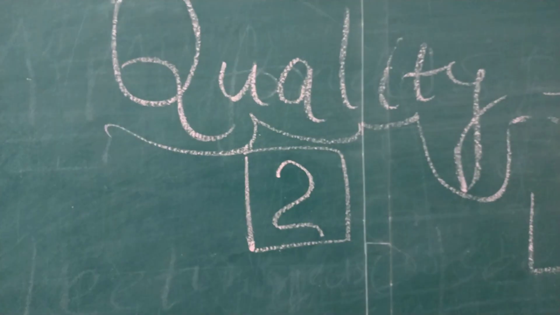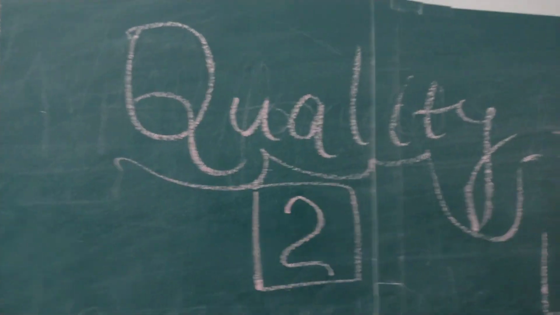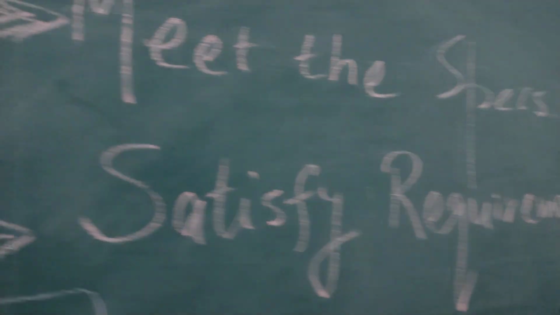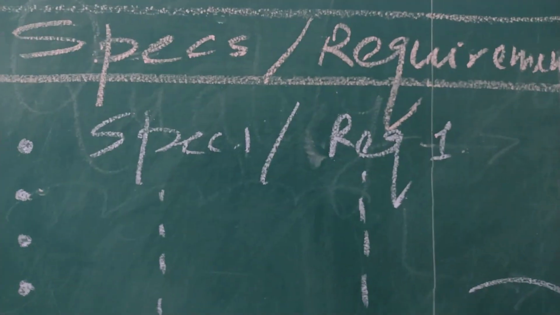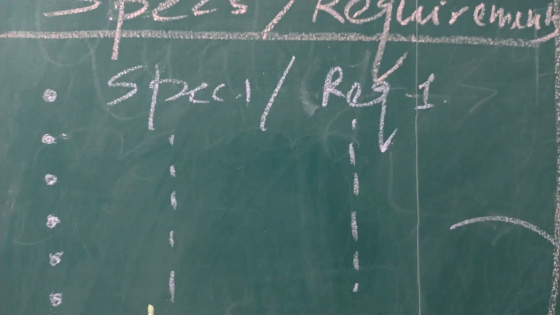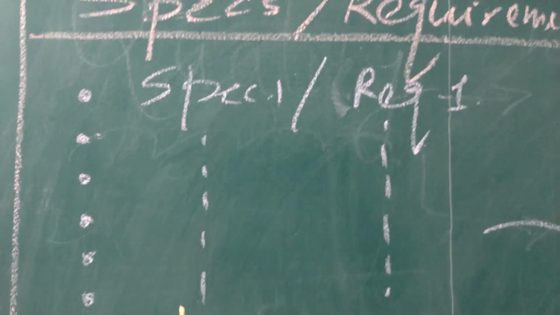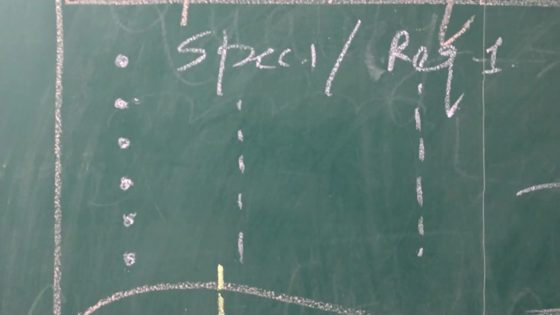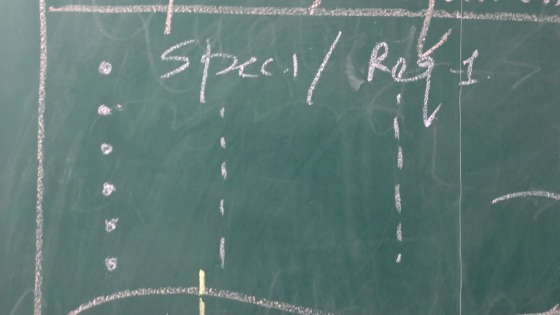Now when we say this particular product is meeting my specification and satisfying the requirement, in a very simplified way, any product we have will have some documented specifications and requirements, and a certain list of them.